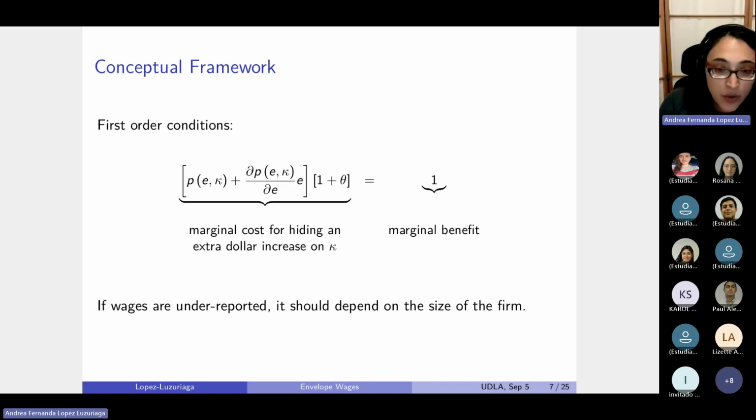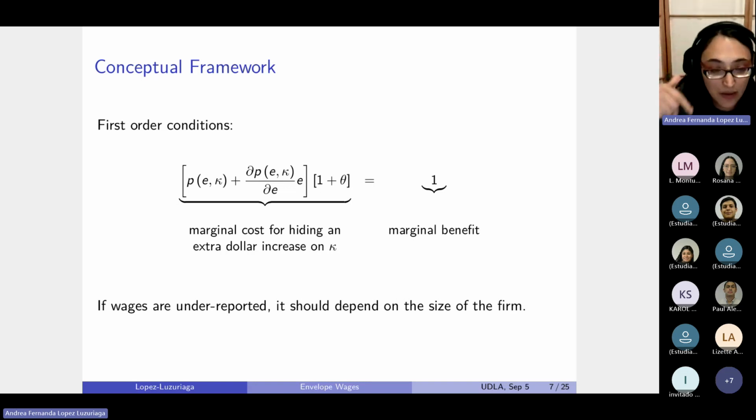And in this very simple model, the thing that matters here is, while the marginal benefit, that is this dollar that I'm hiding, that I don't have to pay a tax for, that marginal benefit is constant. While the marginal cost of hiding that extra dollar is increasing in the firm size, Kappa, because the probability keeps changing.